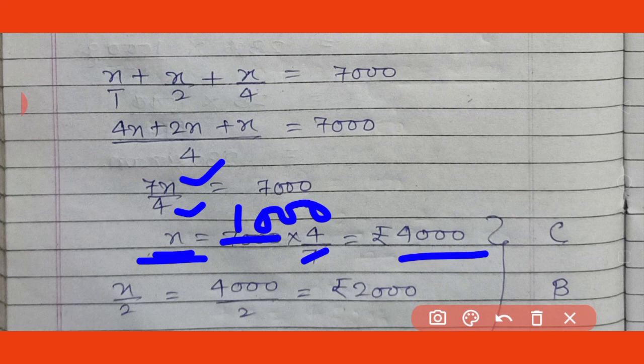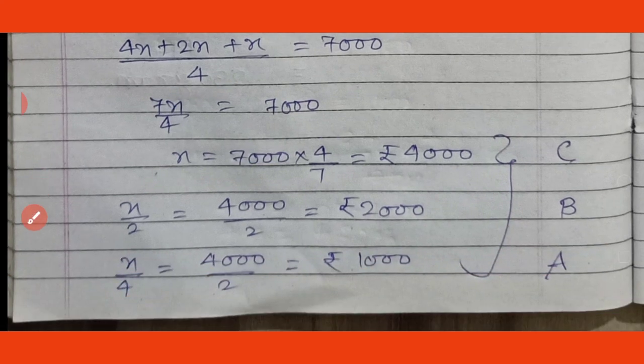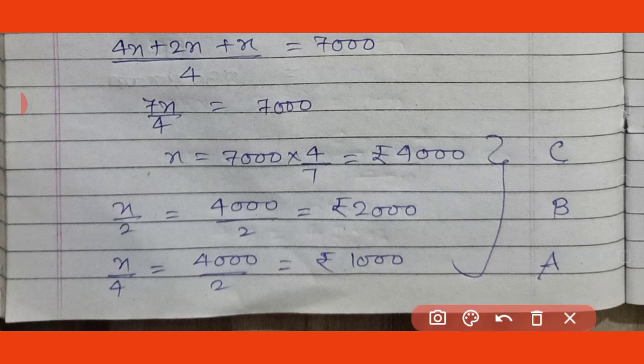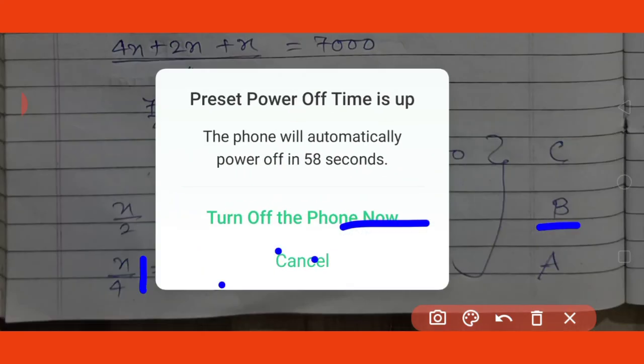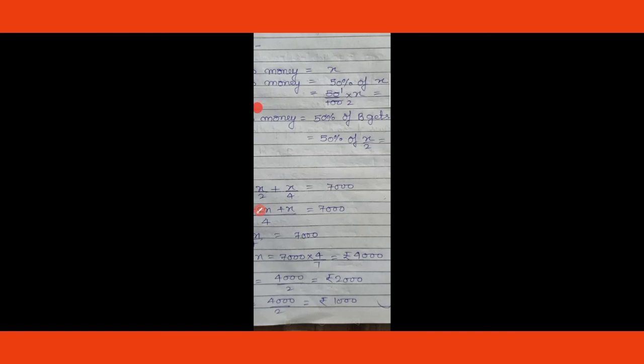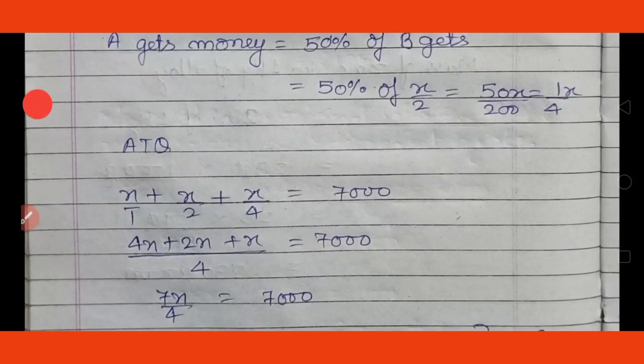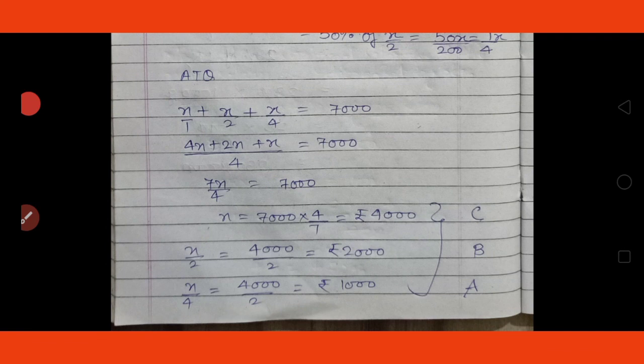X was the portion of C, so this is the portion of C. What is the portion of B? That is X by 2. So 4,000 by 2 is equal to 2,000. This is the portion of B. And the third, A's portion, is X by 4. It means 4,000 divided by 4, which gives 1,000.